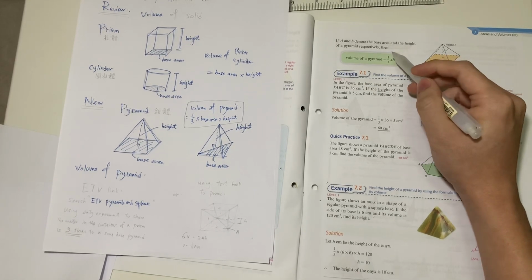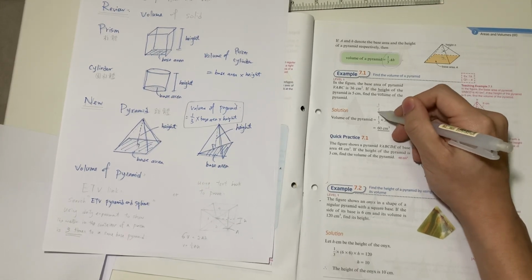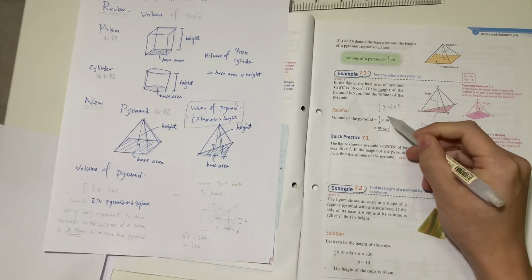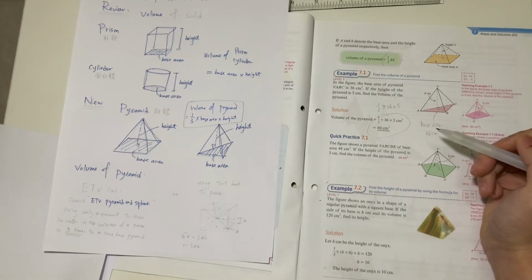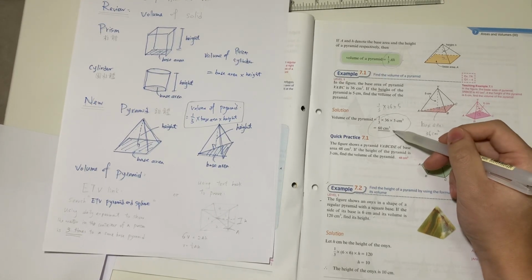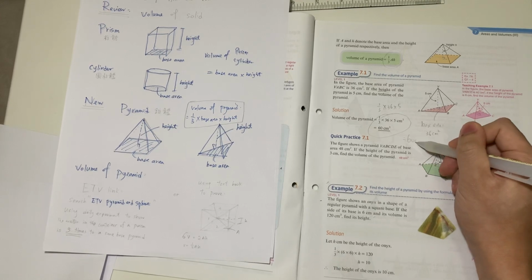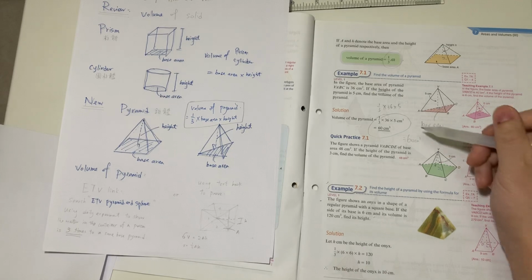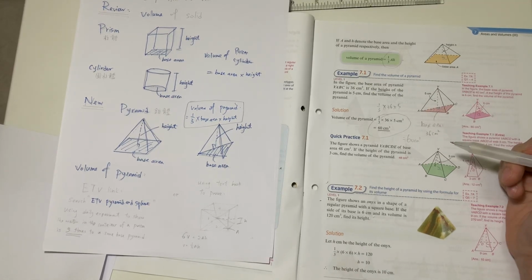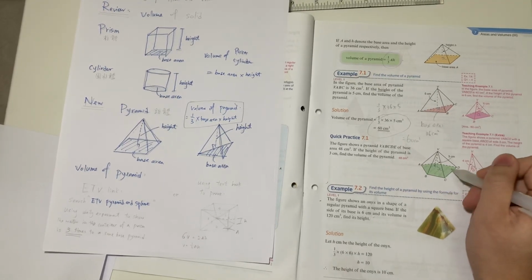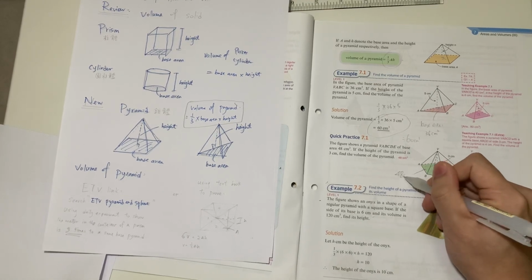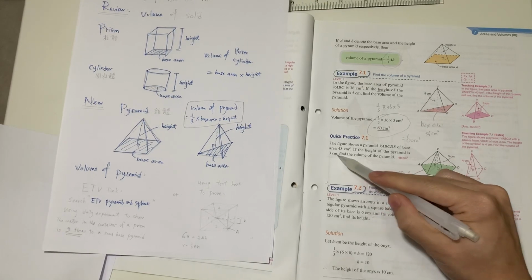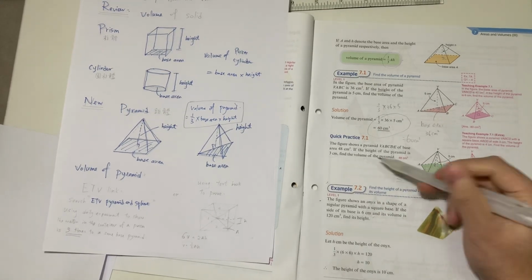So by using this formula directly, 1/3 times base area times height, with your calculator, the answer is 60 cm cube. Okay, you can try this formula for a quick practice. If they give you a base area of 48 cm square and the height is 3, all the data you need is included.